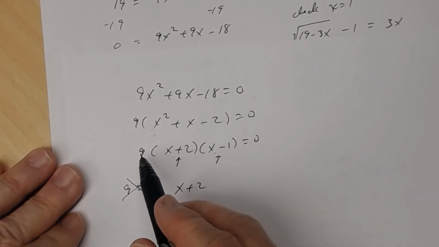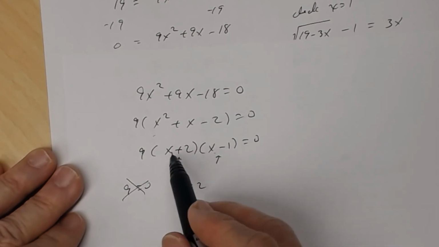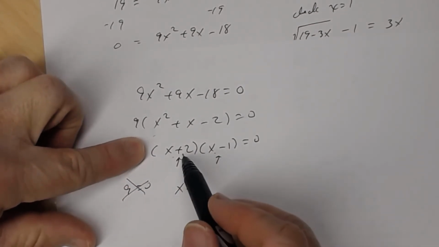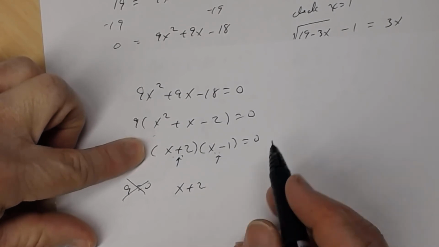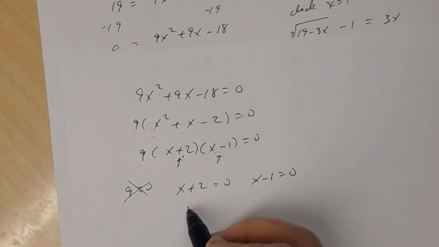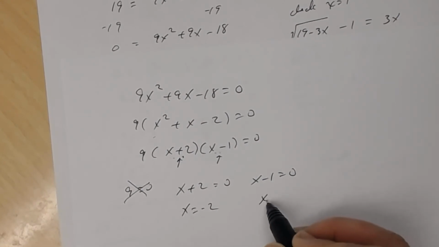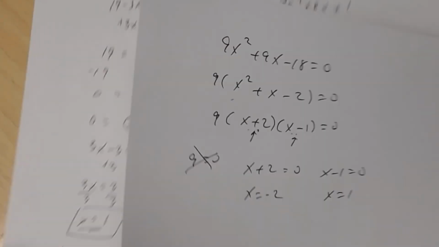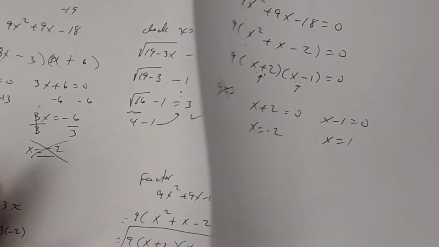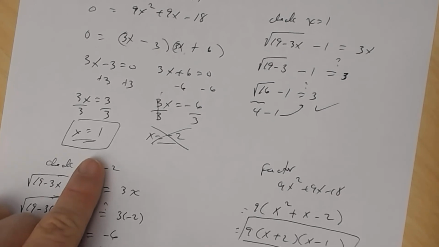Remember, in order to get 0, one of these 3 factors has to be 0. Well, this is never 0, so don't even use it. Just say either this is 0 or this is 0. And so when I solve for x, here I get x to be negative 2, and here I get x to be 1. And then the roots are negative 2 and 1, which is what we got here.